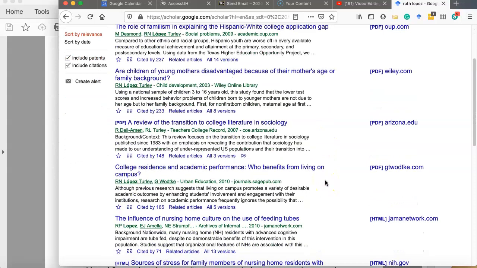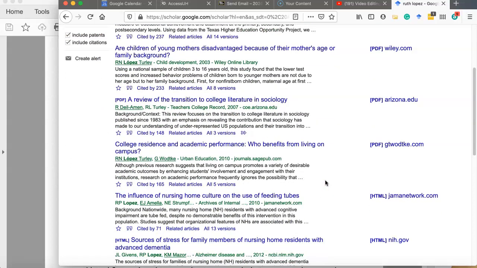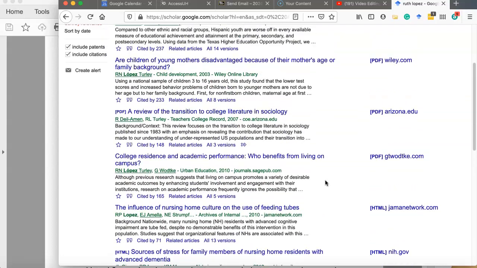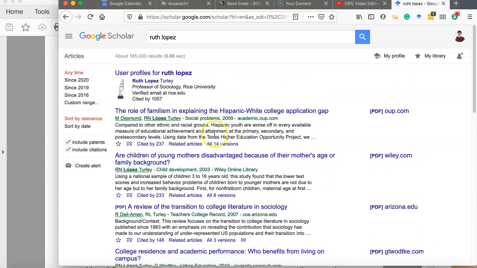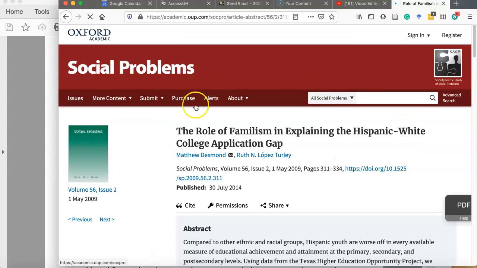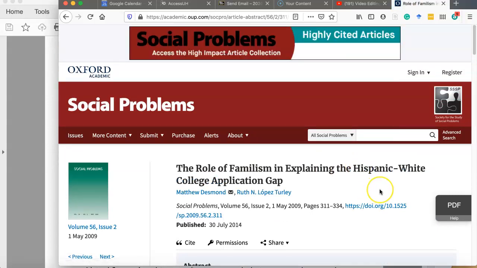And there's another Ruth Lopez who works over at Rice University who's coming up. We'll click on this first one. This is actually from the woman at Rice. And if you're logged into the university library page, you'll get a lot more access to these articles.